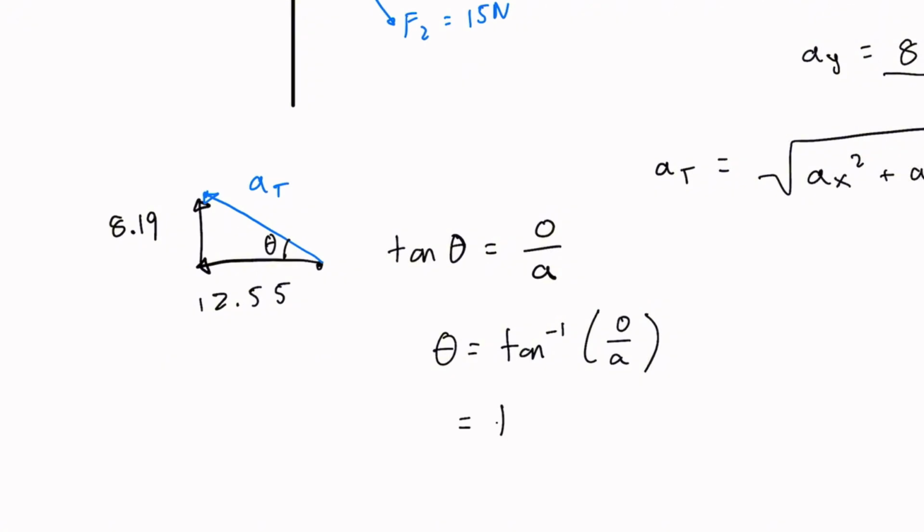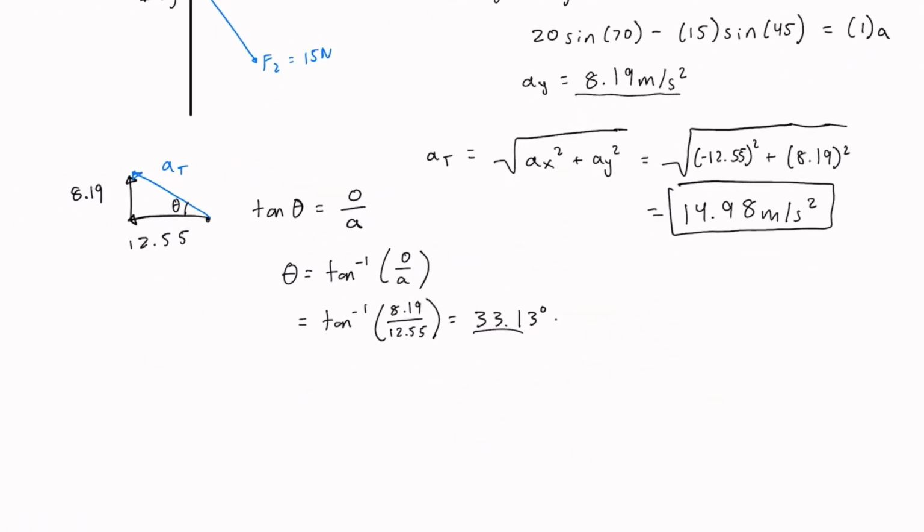Theta is equal to inverse tan 8.19 over 12.55. And this is equal to 33.13 degrees. So our final answer for the direction is 33.13 degrees north of west.